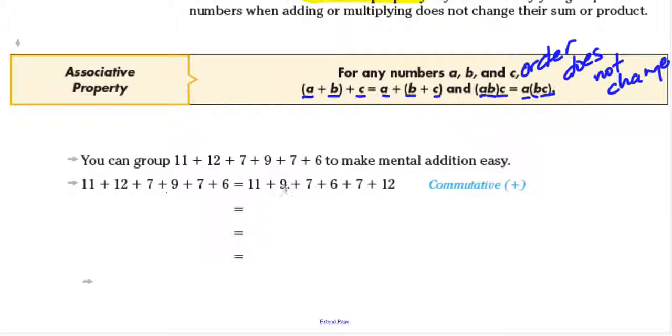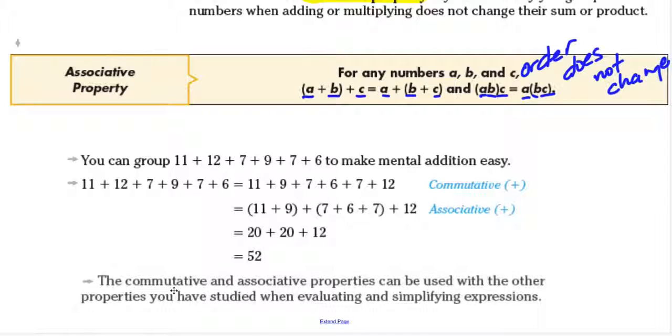You're moving the numbers around. Why are we moving it this way? Because it's easier to add 11 plus 9, so group that. And if you group 7 plus 6 plus 7, again, that's easier to add. 11 plus 9 becomes 20, and this becomes 20, and you add 12 as well, so you end up with 52.